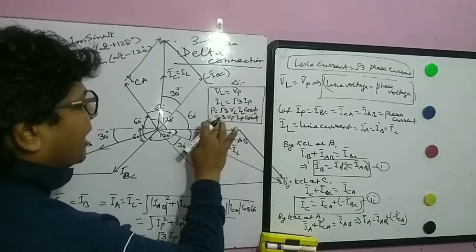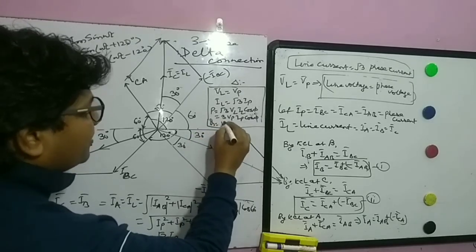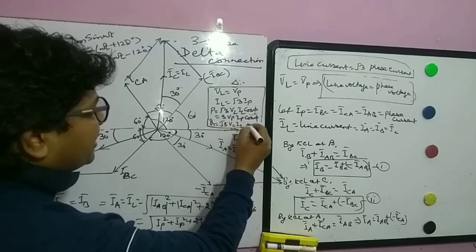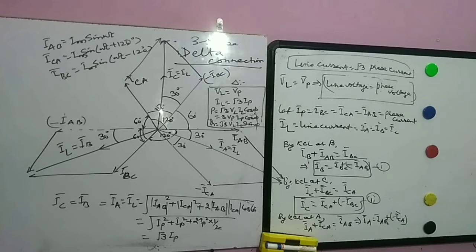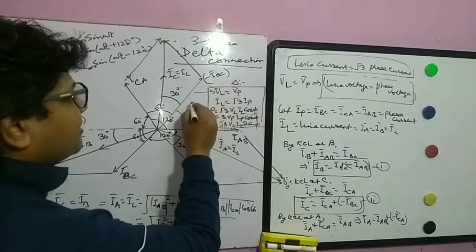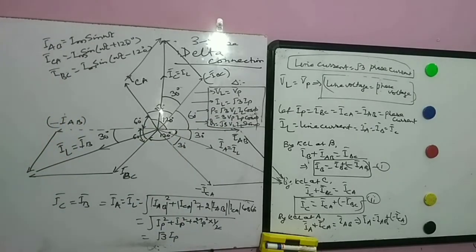This is the outcome. And if we are taking reactive power, so this will be equal to root 3 VL IL sin phi. So this is the relation. This we have to keep in mind, 1, 2, 3 and 4.